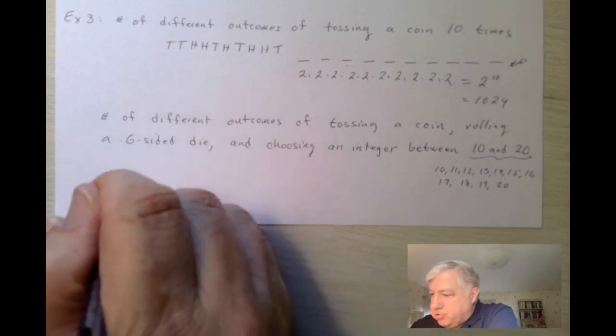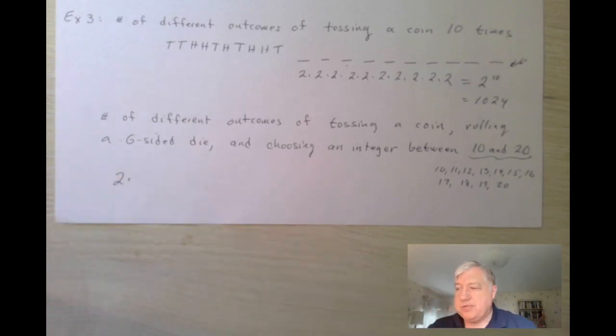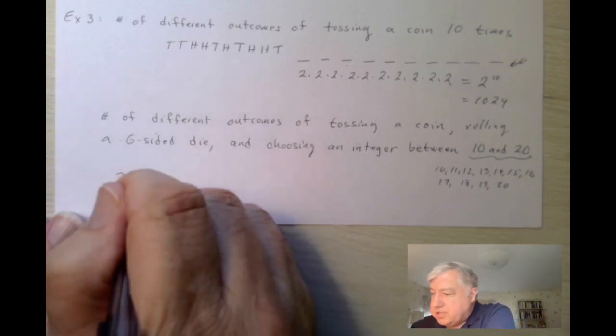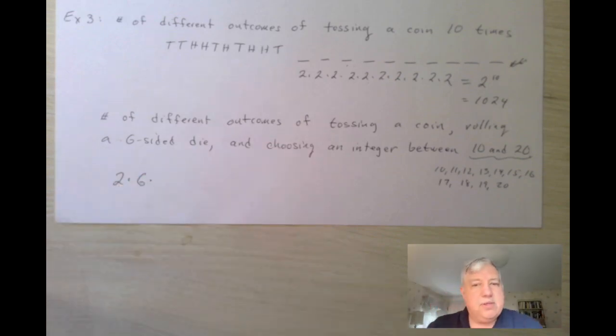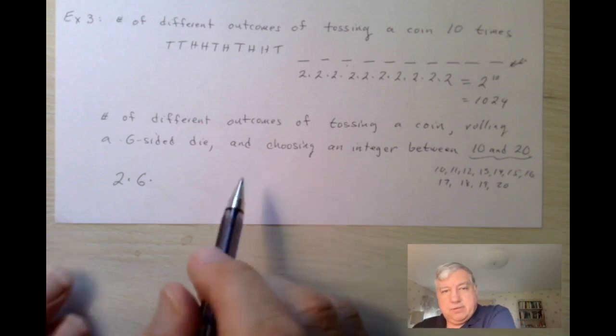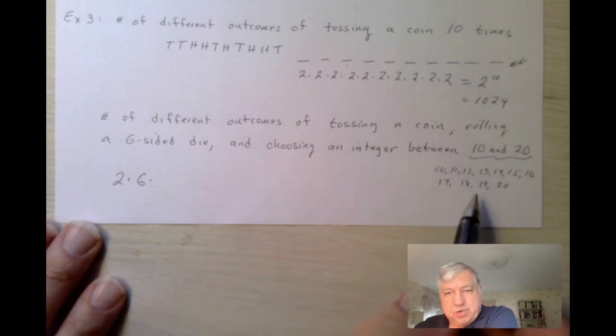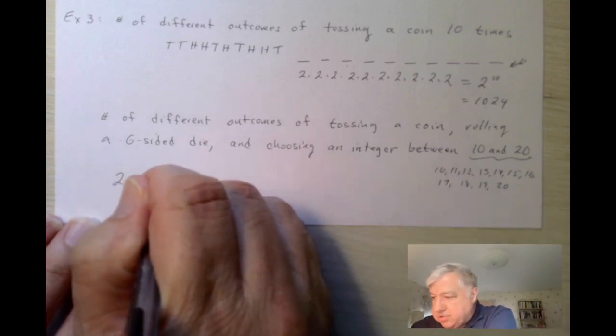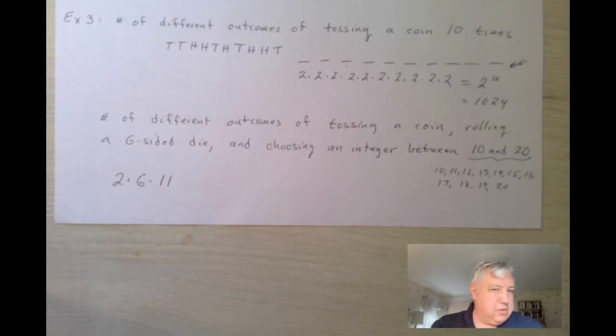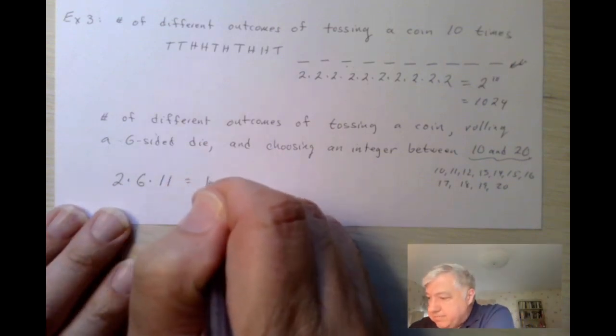So there are 11 choices there. There are 2 possibilities for the coin toss, 6 choices for the 6-sided die, and 11 choices for the integer that was chosen. So this would be 2 times 6 times 11, which is 132.